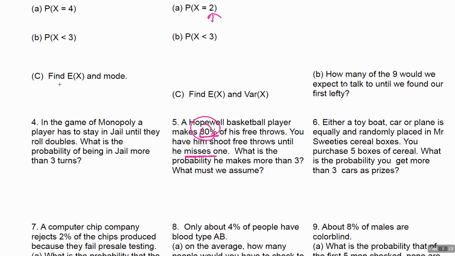The fact that he's made 3 in a row doesn't make him less or more likely to make the next one. Does that make sense? Yeah. And since he's human, it's possible he could get fatigued, or that he makes 5 in a row and starts to lose his concentration. There are different factors, but we're assuming the trials are independent. Okay, that makes sense.